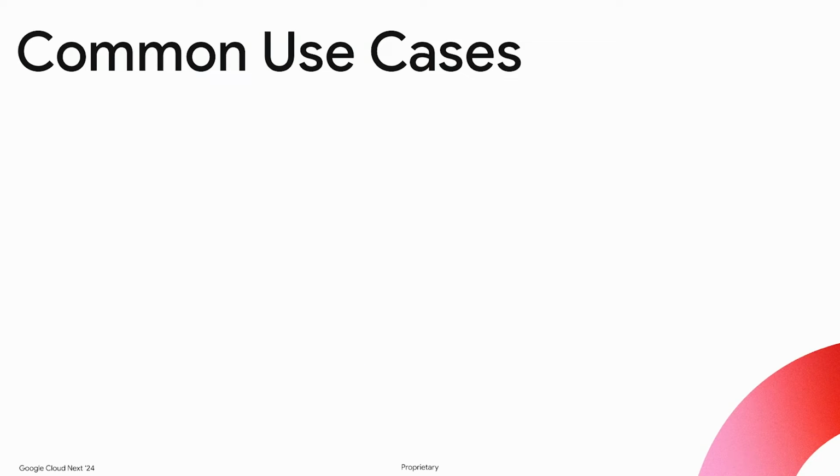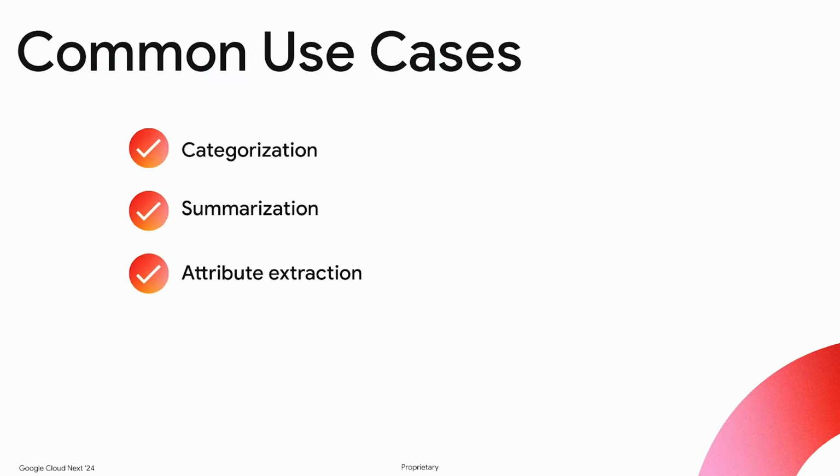Supervised tuning is best suited for use cases where the output is rather easy to define. For example, categorization, summarization following certain styles, attribute extraction from long text, and training the model to output the prediction following a certain format that's expected by your downstream application.